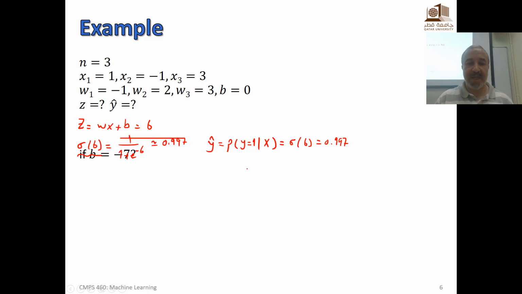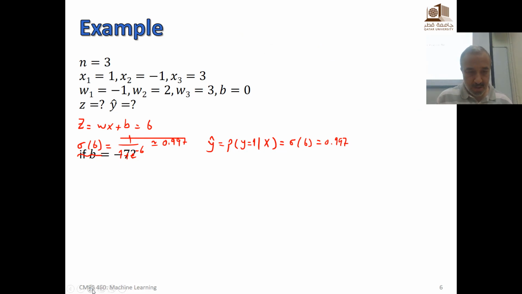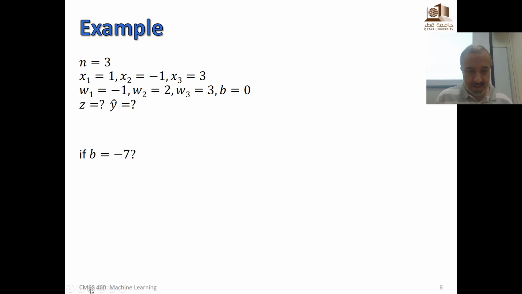What if B is -7? So what will be Z in this case? -1. And what is sigma of -1?